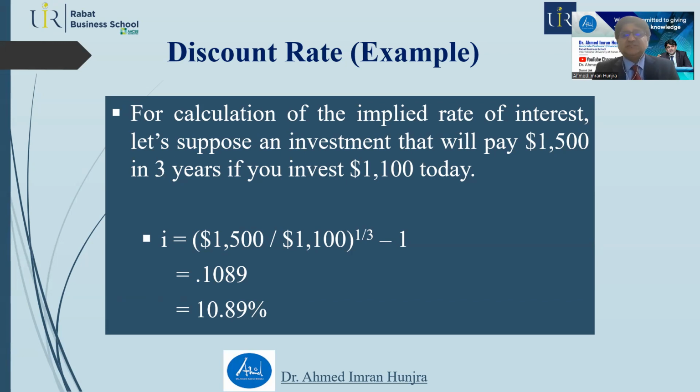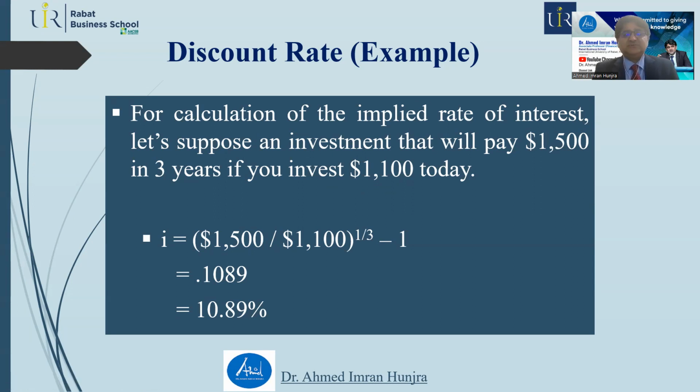Let's suppose an investment will pay, meaning we will be receiving at some future date, after 3 years, 1500, if we have 1100 to invest today. So the present value in this case is today's investment, and what we will be receiving is related to the future value.